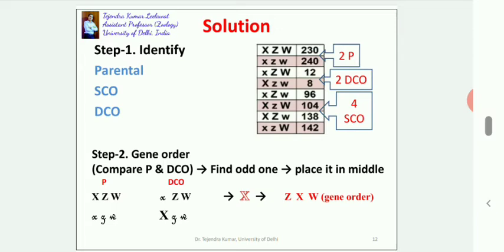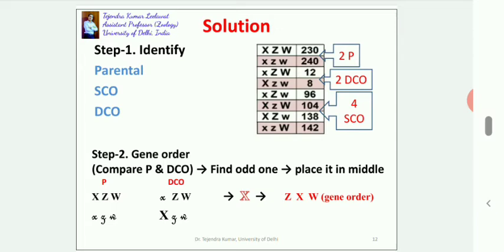Step two, identify the gene order. It is also very simple. How could you identify? You have to compare the parental and double crossover sequences. I marked the parental with the red P color, so you should not get confused between small x and capital X and so on. That's why I changed the font style.